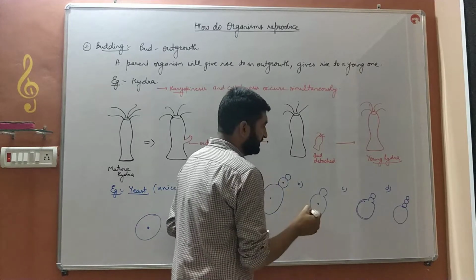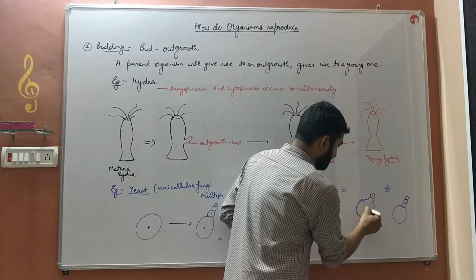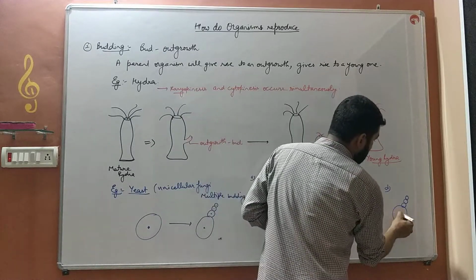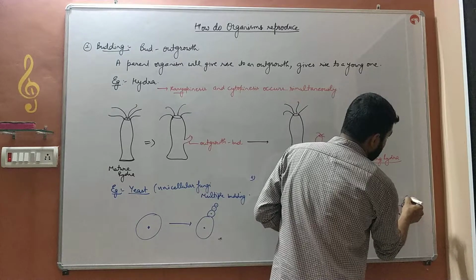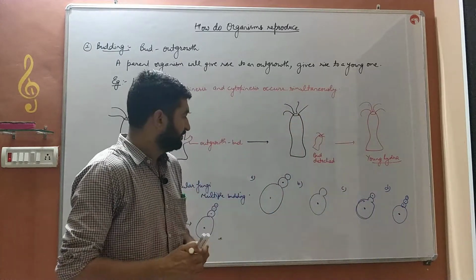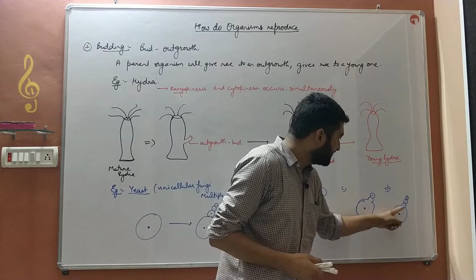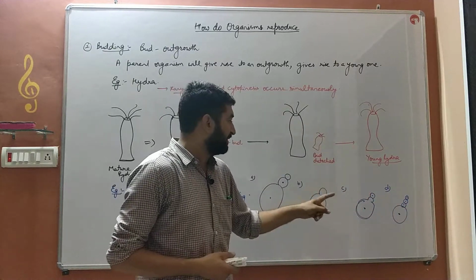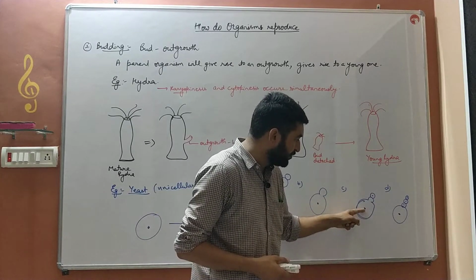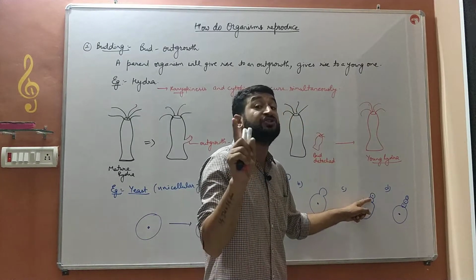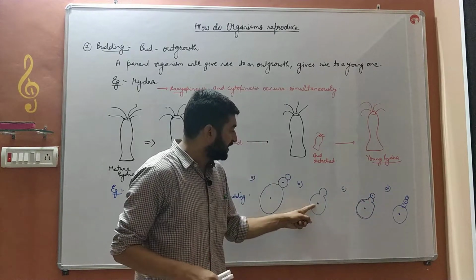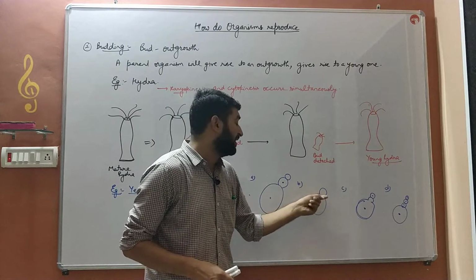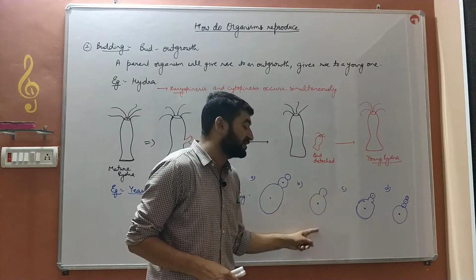The question may be: which of these diagrams correctly represents budding in yeast? The answer would be D, bache. In D, the cytoplasm is divided equally and simultaneously along with the nucleus. But look at this diagram carefully, bache. Here there is a nucleus, but in this bud the nucleus is not there, which can't happen. Here, the bud is formed but not detached yet, and there is no nucleus in it, so it is incorrect.